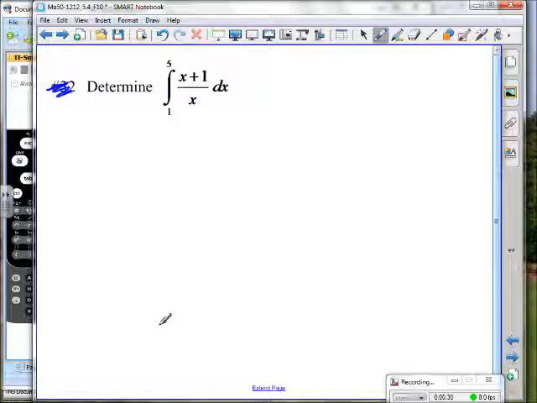So we're not going to worry about trying to let u equal and look at a composite function. Instead, we will look at this, integrating from 1 to 5, and we'll just build two fractions out of this. 1 plus, I'm going to make this x to the negative 1, dx.